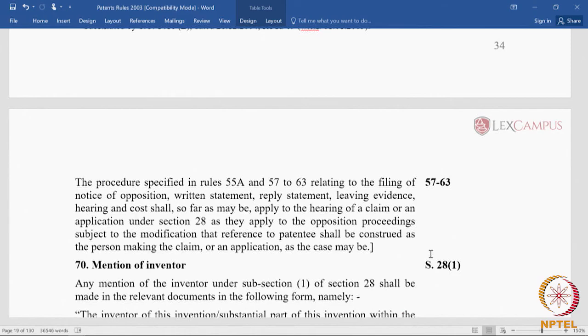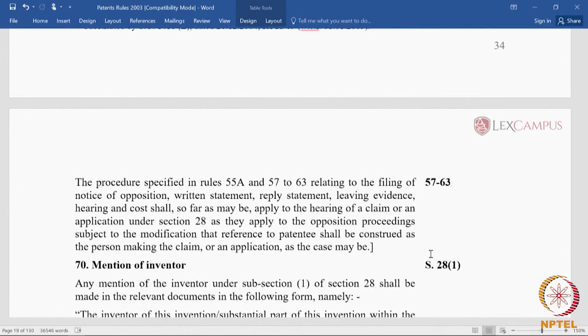So, if it is a 28 proceeding, you do not call that person an opponent, you call him a claimant, okay? And still the claimant will file his statement, the applicant whoever wants to oppose it will file their counter and the claimant will get another chance to make a statement based on certain issues and there will be a hearing, there will be evidence that will be given, there will be a hearing notice, there will be an order and there can be a finding on costs.